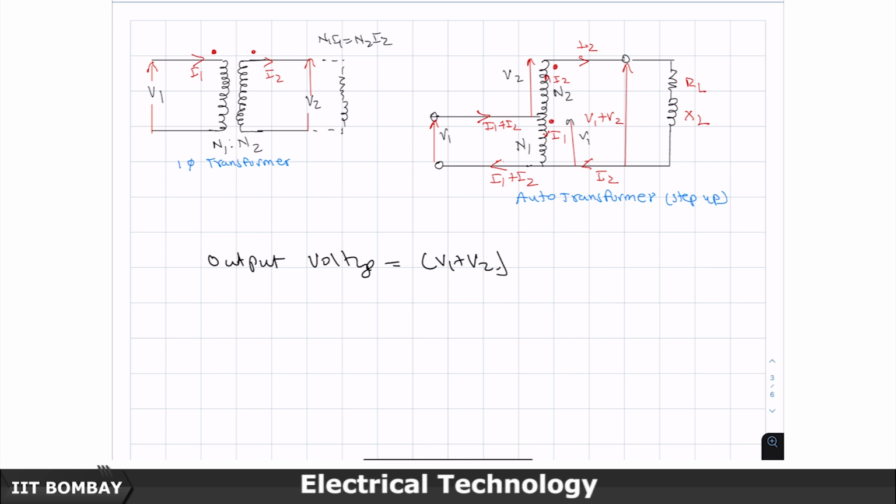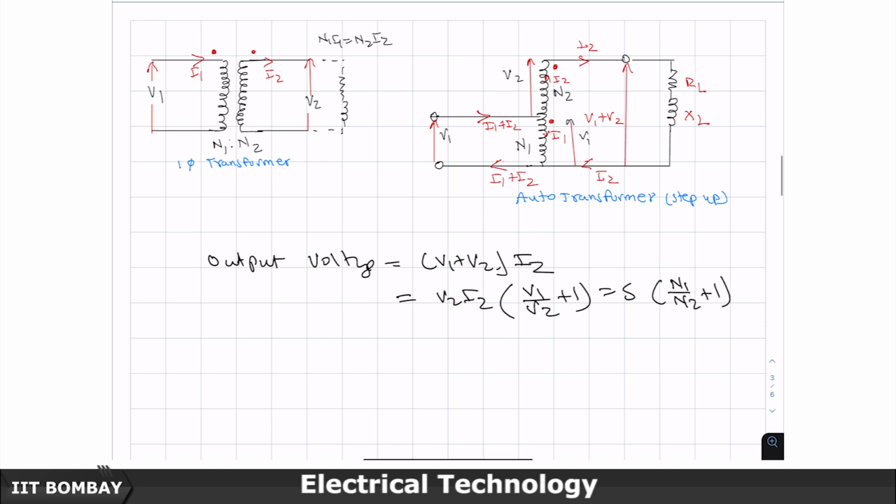So, you see output voltage has increased from the single phase normal transformer operation, but the loading current is the same, output current is the same I2. Therefore, you can take V2 I2 out and write this as V1 by V2 plus 1. If the rating of the transformer is S, then V1 by V2 is N1 by N2.